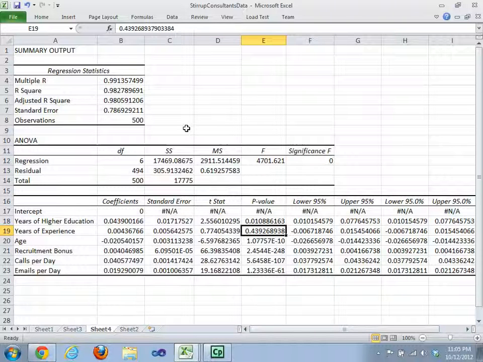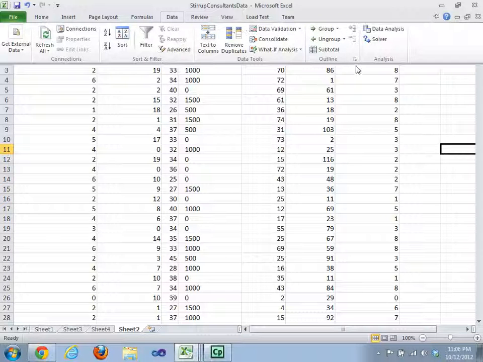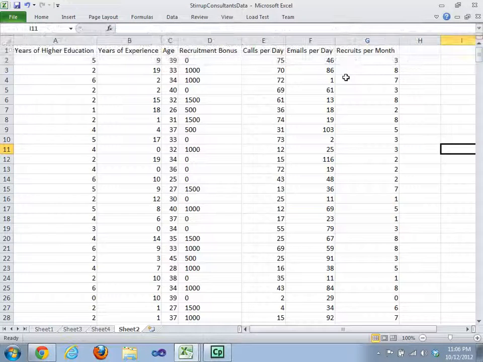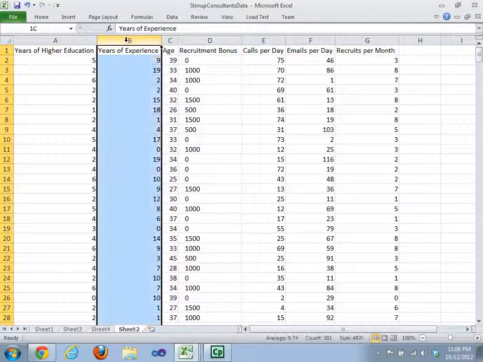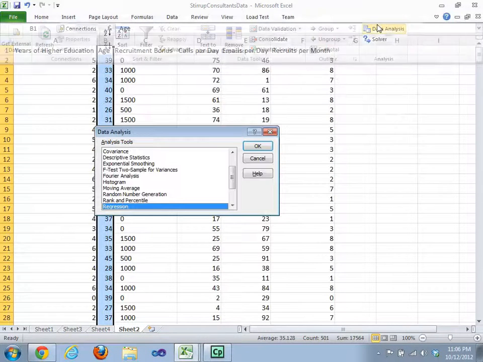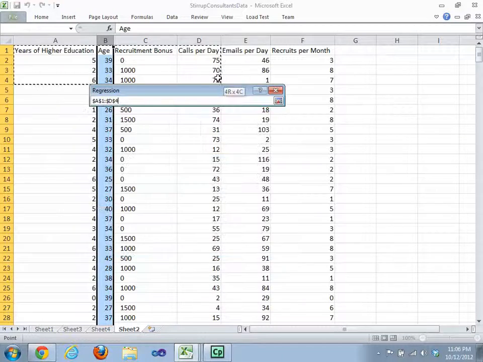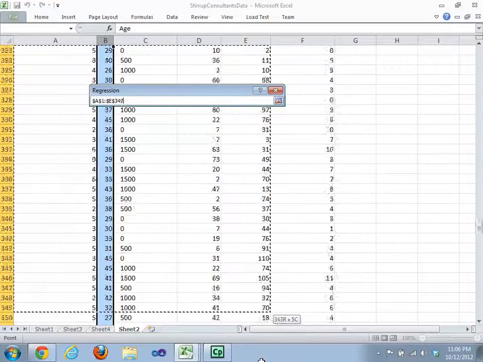So let's go ahead and get rid of years of experience from our regression and run it again. Which column is years of experience? It's column B. Let me go ahead and delete column B. So data analysis, regression, the Y range stays the same, but the X range is now this through this all the way down.